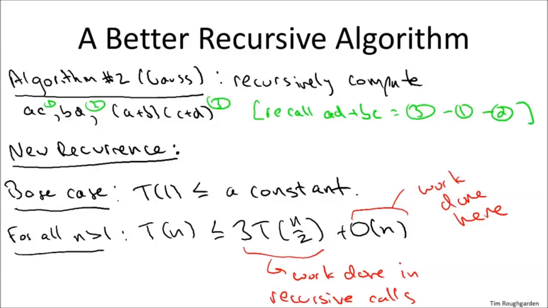So think about what the recurrence would look like for the merge sort algorithm. It would be almost identical to this one, except instead of a 3, we'd have a 2. Right? Merge sort makes 2 recursive calls, each on an array of half the size, and outside of the recursive calls it does linear work, namely for the merge subroutine. We know the running time of merge sort, it's n log n. So this algorithm, Gauss's algorithm, is going to be worse, but we don't know by how much.